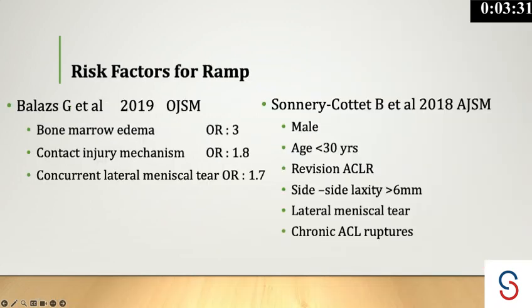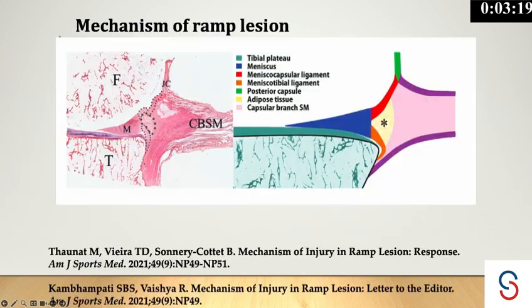The risk factors include bone marrow edema, contact injury mechanism, concurrent lateral meniscus tear, revision ACLRs, age less than 30 years, and chronic ACLs. We asked Thaunat and colleagues for their opinion on the associated bone marrow edema in the lateral femoral condyle along with the ramp, and regarding the mechanism.